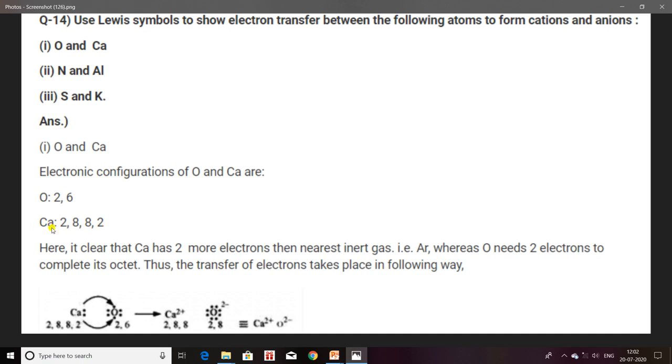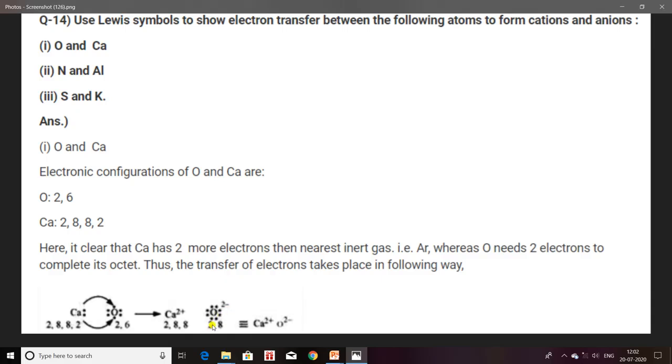So now calcium will give electrons to oxygen, right? So here there is a calcium atom which has 2 valence electrons and an oxygen atom which has 6 valence electrons. So here there will be a complete transfer of electrons, and there will be a transfer of 2 electrons. Okay. So calcium will acquire a 2 positive charge because it is losing 2 electrons, and oxygen will acquire a 2 negative charge because it gained 2 electrons.